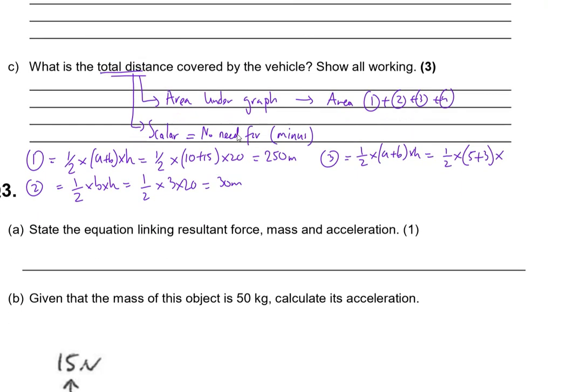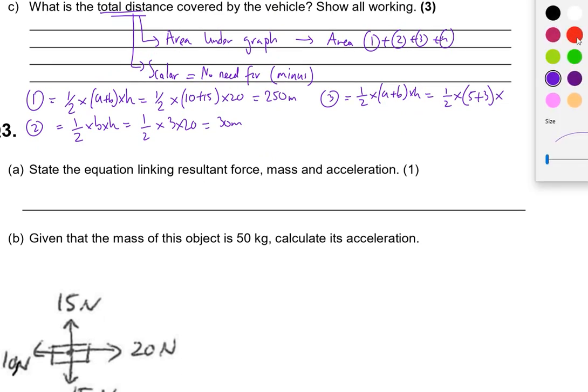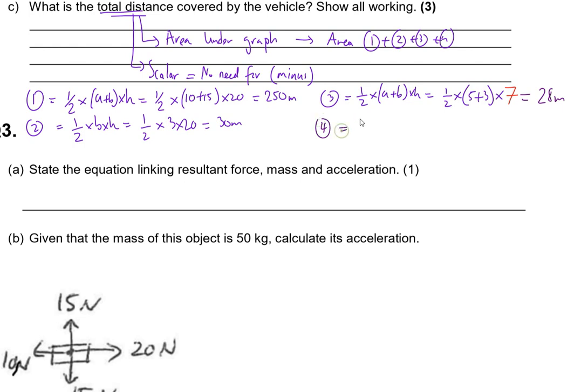So therefore, let me just write this in red, this is going to be 7. We don't need the negative because we're dealing with distance, and distance is a scalar. We don't need the direction. And this will be 28. Then number 4, which is the triangle, half times base times height.